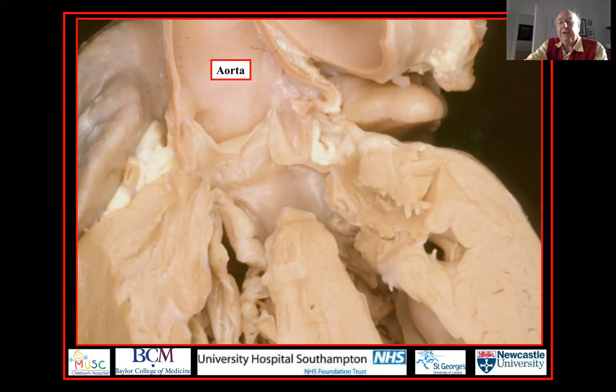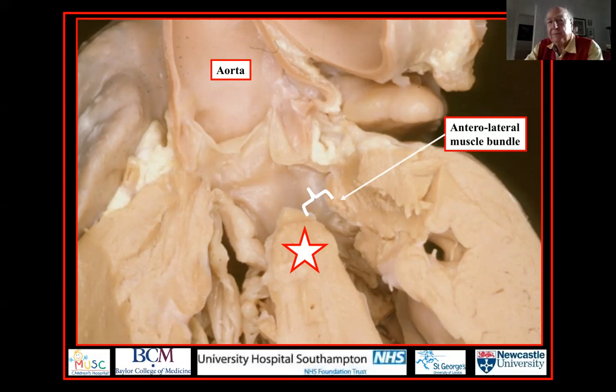And what you see very nicely here is the aorta overriding the crest of the muscular septum. We typically see this in the setting of tetralogy, but in this individual, the pulmonary outflow tract was unobstructed. But what we do see relative to the crest of the outlet septum is that there is narrowing of the left ventricular outflow tract by an anterolateral muscle bundle, a muscle bundle described initially by André Moulin, the pediatric cardiologist who worked in Leuven.